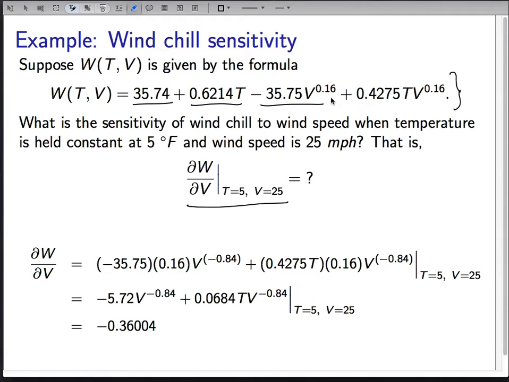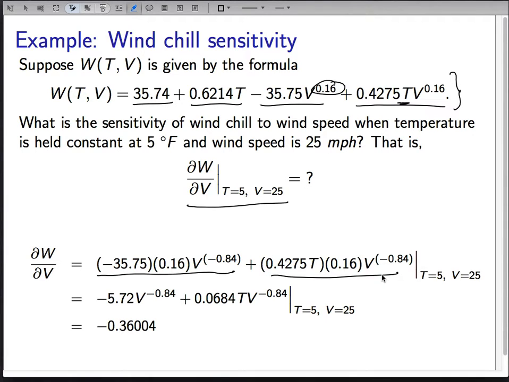This part, 35.75 v to the 0.16, with respect to v, that derivative requires we do a power rule, and we just bring down the power 0.16 and subtract 1. And so we get this part right here. And similarly for this last bit of the function, again, the 0.4275 is a constant, and t we treat as a constant also, so we just use a power rule on v, and we get this piece.